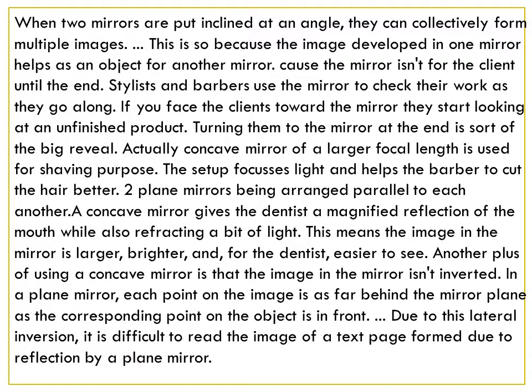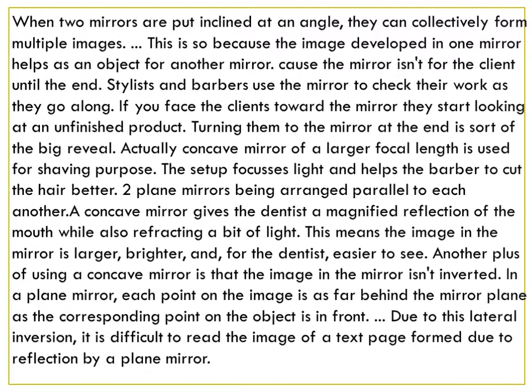In a plane mirror, each point on the image is as far behind the mirror plane as the corresponding point on the object is in front. Due to this lateral inversion, it is difficult to read the image of a text page formed by reflection by a plane mirror.